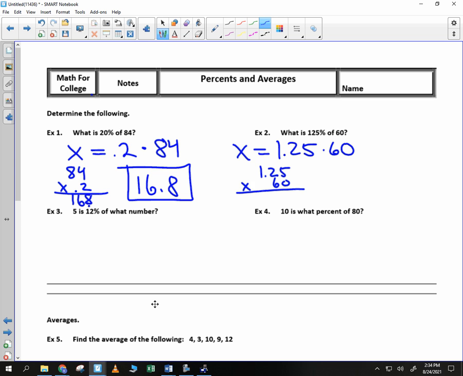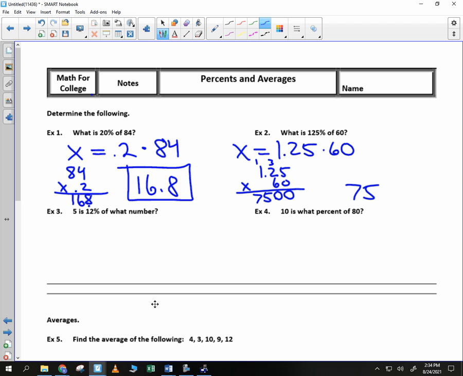Notice if you carry the 0 all the way through, you get 0. So we move on to the 6, drop a 0. 6 times 5 is 30. Carry the 3. 6 times 2 is 12. 12 plus 3, 15. Carry the 1. 6 times 1 is 6, plus 1 is 7. How many decimal points? 2, so 75.